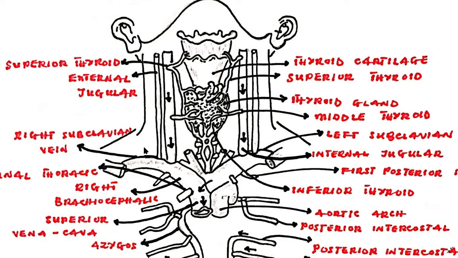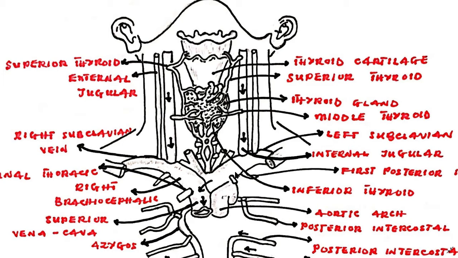From here, it joins with the internal jugular vein to form the brachiocephalic vein, also known as the innominate vein. The angle where they join is called the venous angle, and this is at the level of the sternoclavicular joint.